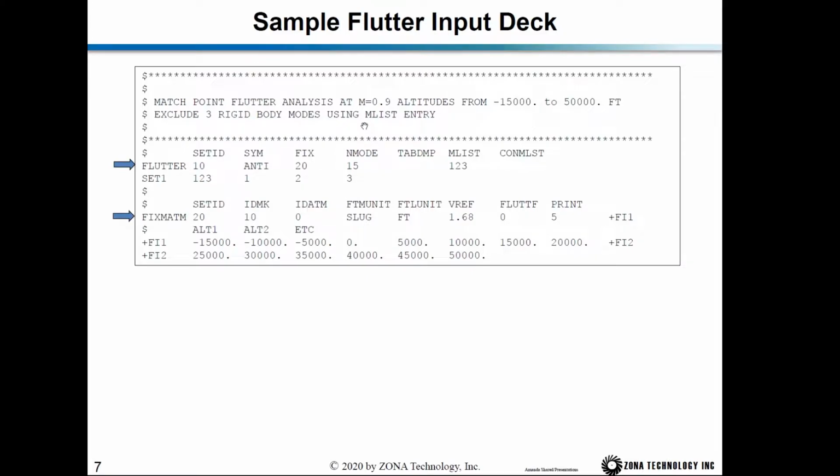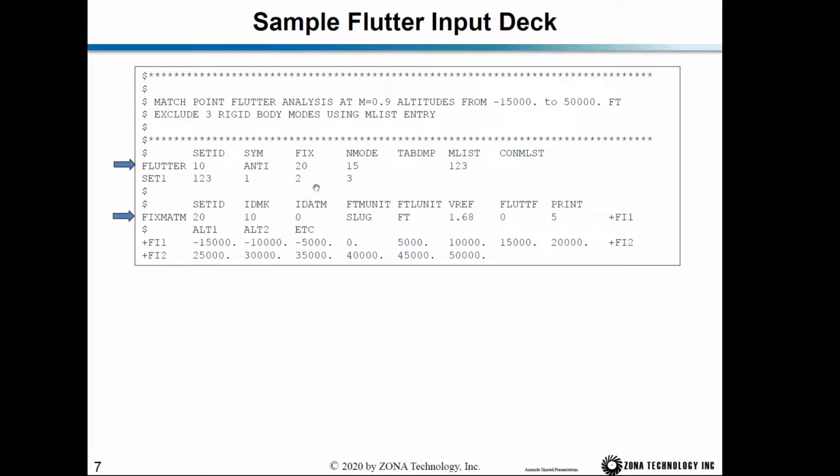This is a sample Flutter input deck. So you have a Flutter card. The ID is referred to by the Flutter case control command. And then you specify what kind of mode: you have symmetric, anti-symmetric, or asymmetric modes. And in this case, it refers to the fixed MATM card.